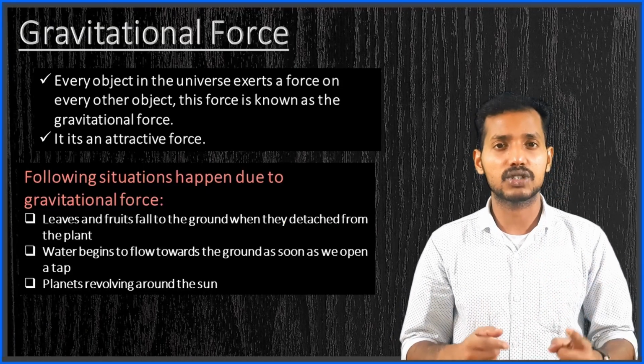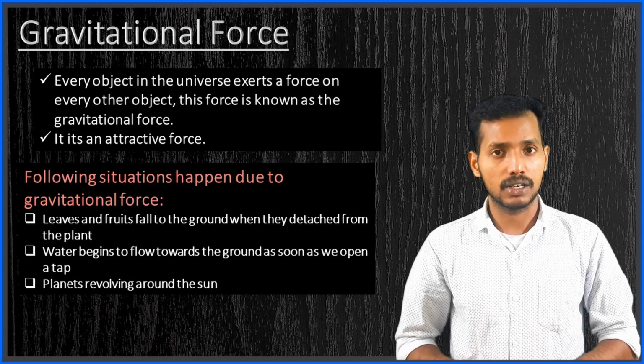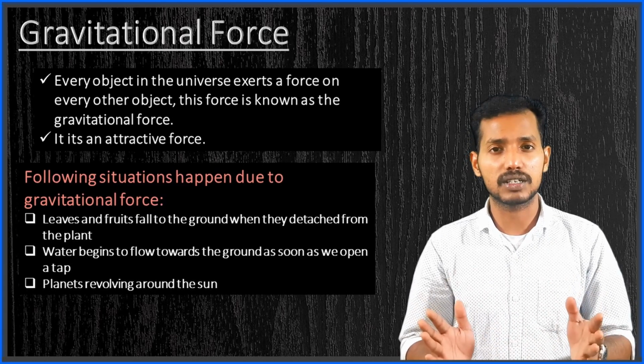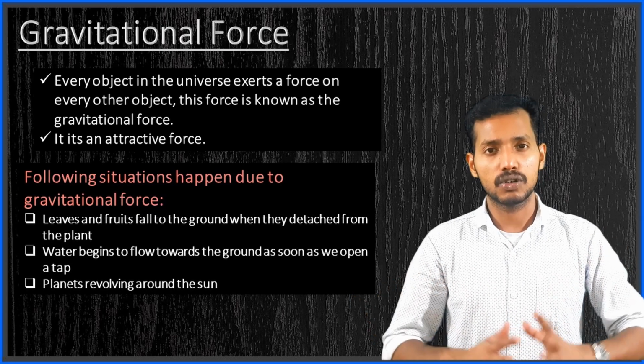So why does this happen? The reason is that there is a force exerted by the earth on all these objects, which is called gravitational force. Never think that gravitation is the property of only the earth. No, in the universe, every object is attracted by gravitational force.